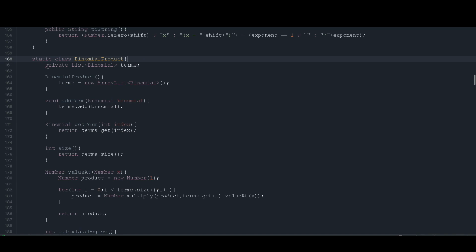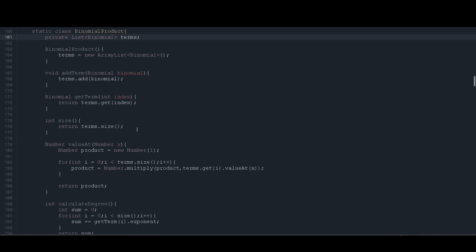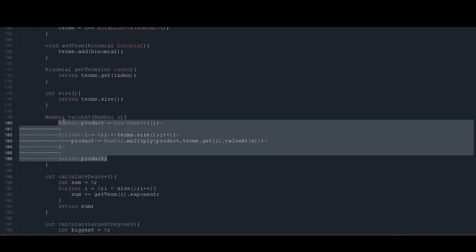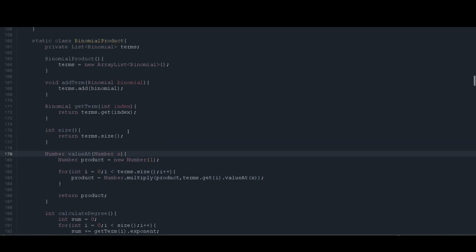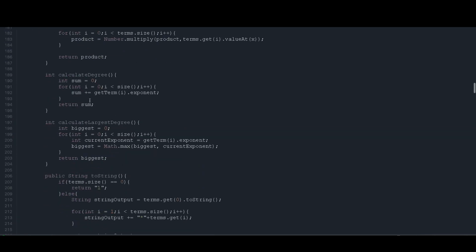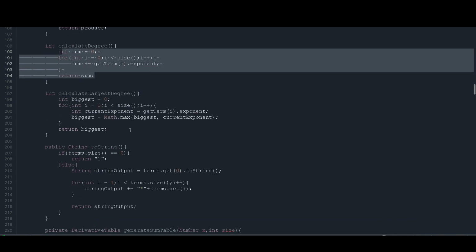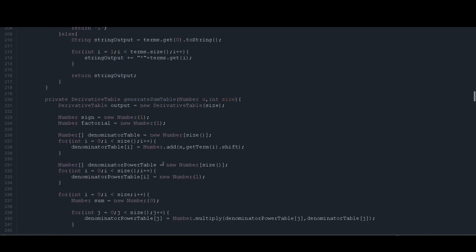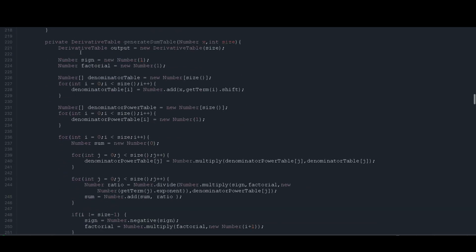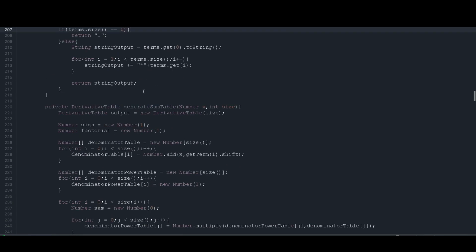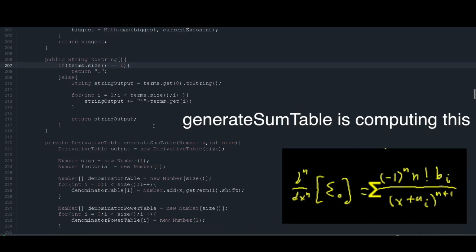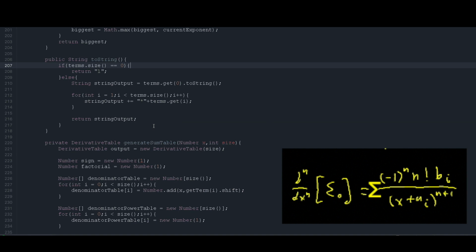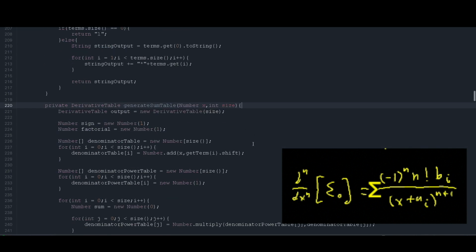The binomial product just holds a list of these binomial terms, and when we calculate the value at a certain number, it's just the product. Calculating the degree, largest degree. I don't think these functions are used. I don't remember. Alright, so if you remember the sum, the nth derivative of the binomial product, this is the sum portion.